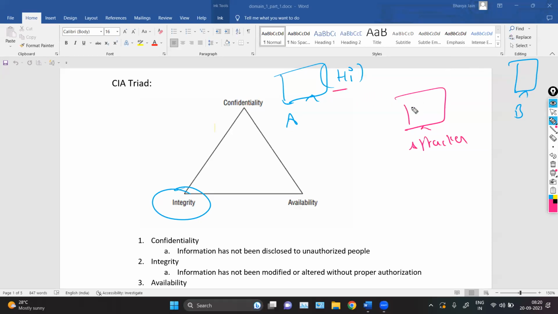You are sharing "hi" and the attacker modifies it to "bye" and forwards it to B. So the attacker is modifying the message in the middle without your knowledge and without your receiver's knowledge, right?